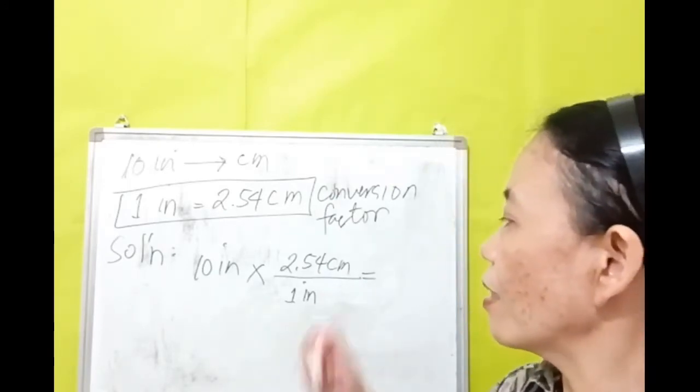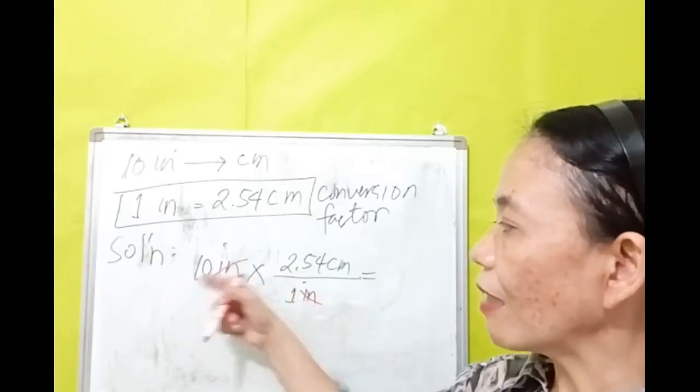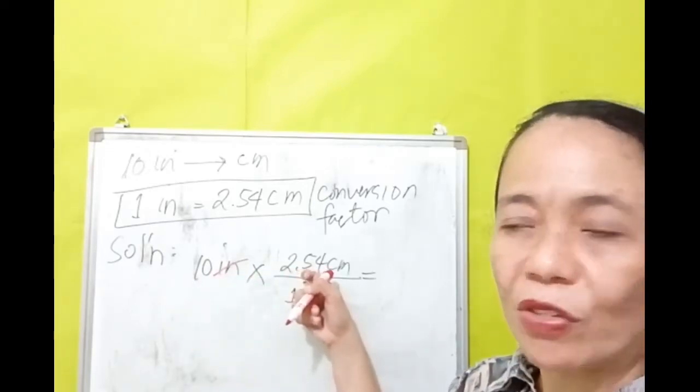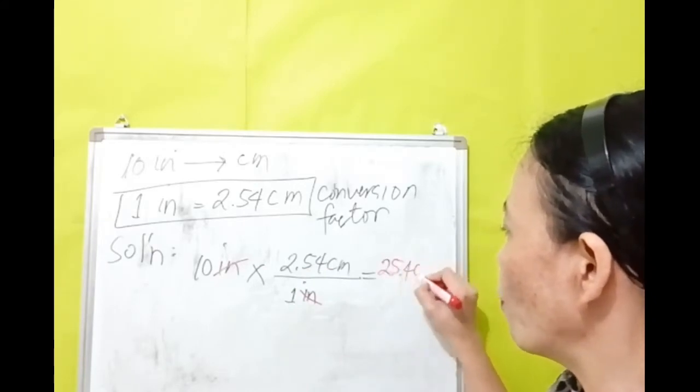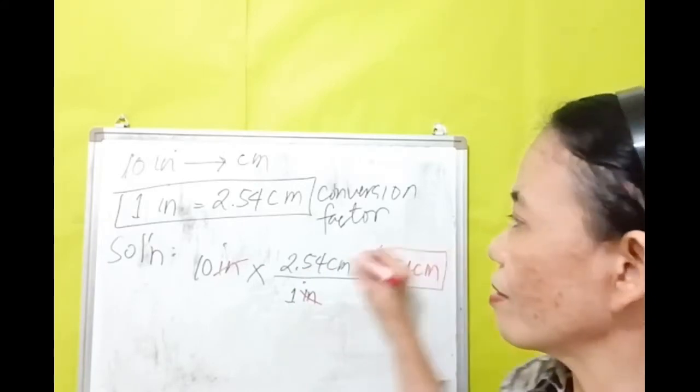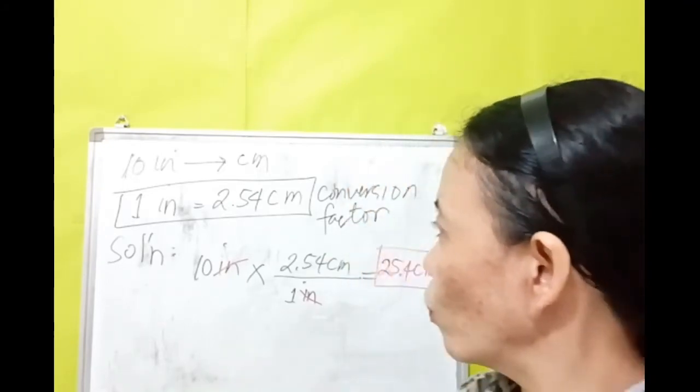So cancel inch and inch. So we have now 10 times 2.54 centimeters divided by 1 is 25.4 centimeters.